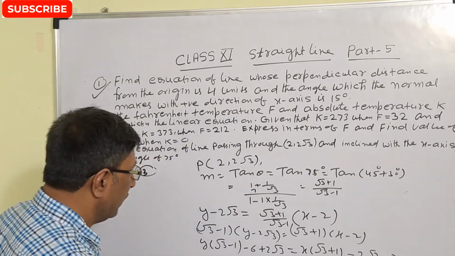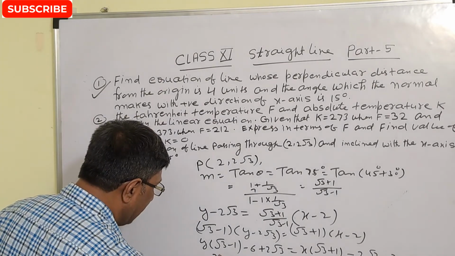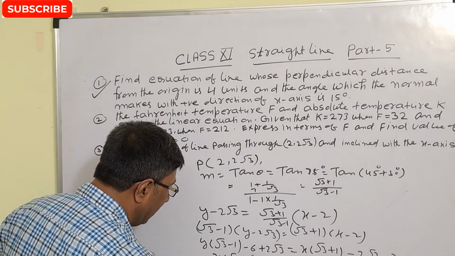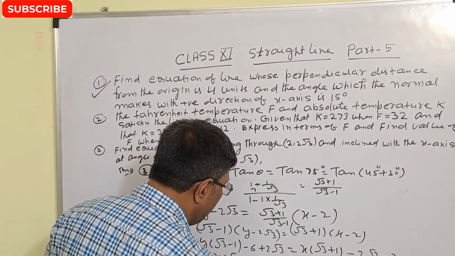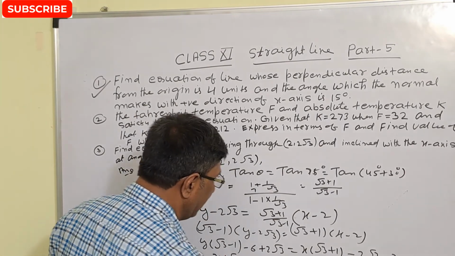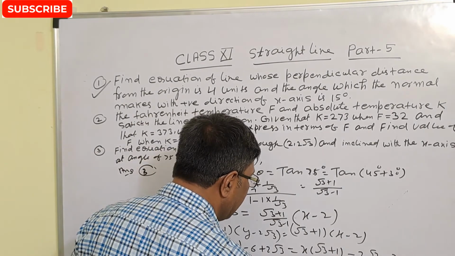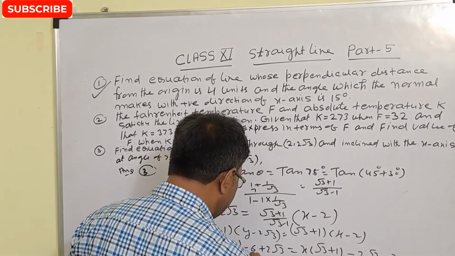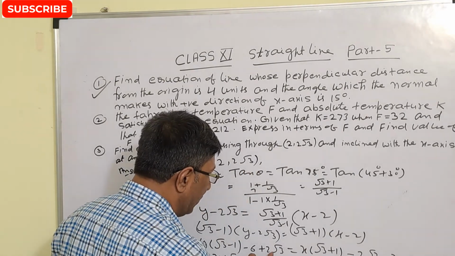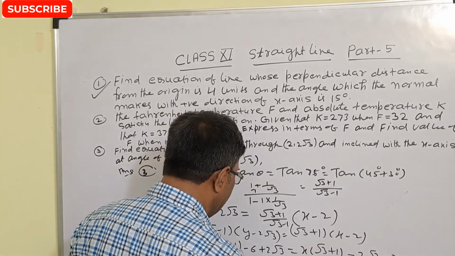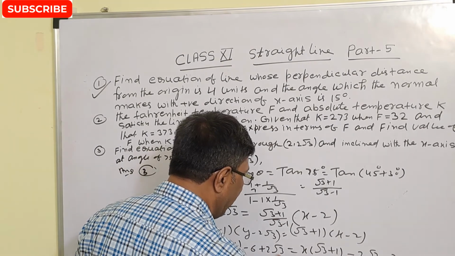Okay, so now you can find x into root 3 plus 1 minus y into root 3 minus 1, and this equals minus 6 plus 2, that is minus 4, and 2 root 3 plus 2 root 3, so this is 4 root 3.